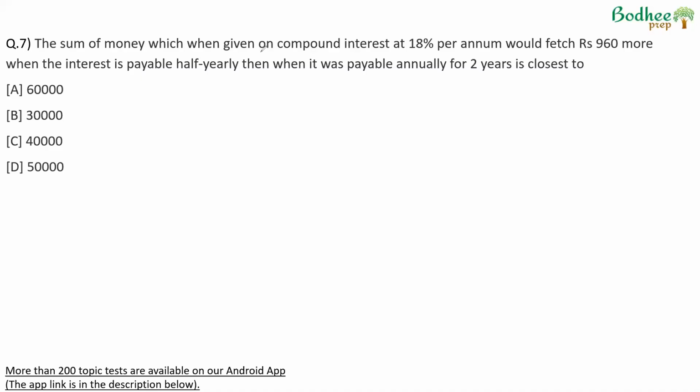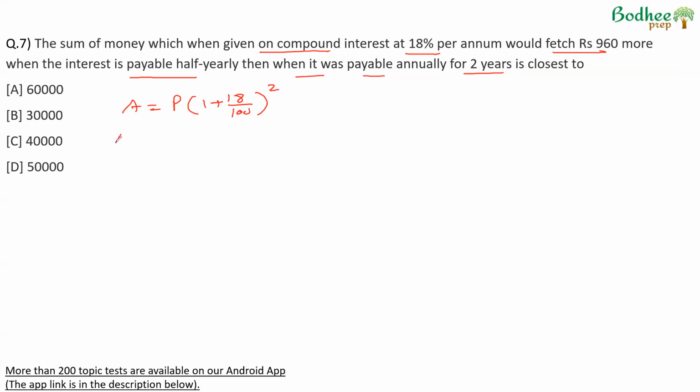A sum of money which when given on compound interest at 18% per annum would fetch 960 more when interest is paid half yearly than when it is paid annually for 2 years is closest to. For 2 years, the amount at principal P and 18% rate will be A equal to P into 1 plus 18 upon 100 raised to power 2.